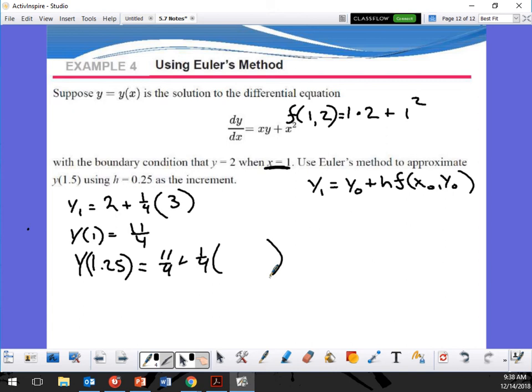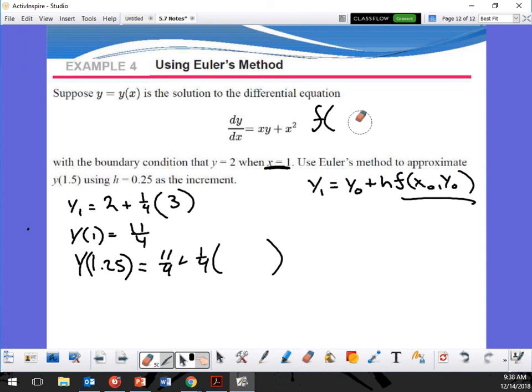Go ahead. I'm still confused about f of x naught, y naught. No, all this means is plug in x and y to your function. We have this right here, right? The function you get from there. So plug this x and y into this. So now this one's going to be f of... no wait, it's not 11 over 4.